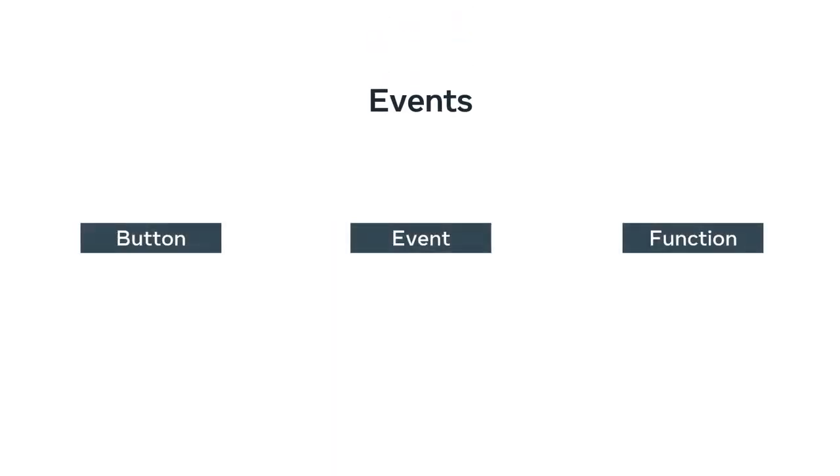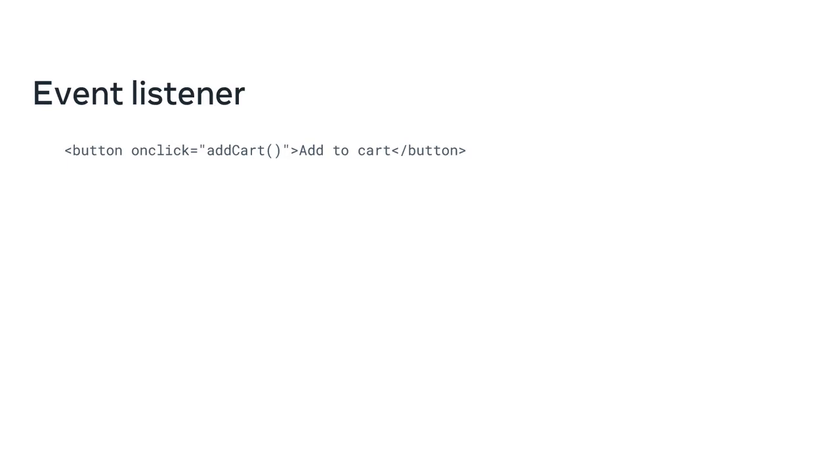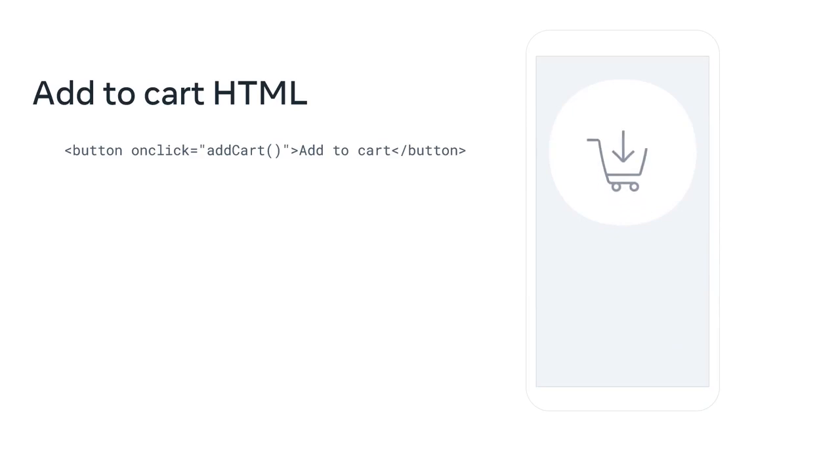Because events usually rely on some sort of interaction, they need to wait and listen in the background for that interaction to occur before they can be triggered. Every HTML element contains a set of events that developers can access by using HTML attributes commonly referred to as event listeners. For example, it's a common feature of a website or app to have a button that, when clicked, causes something to happen.